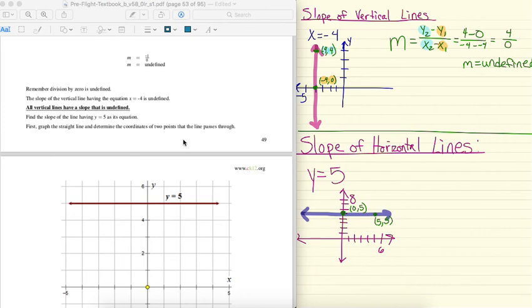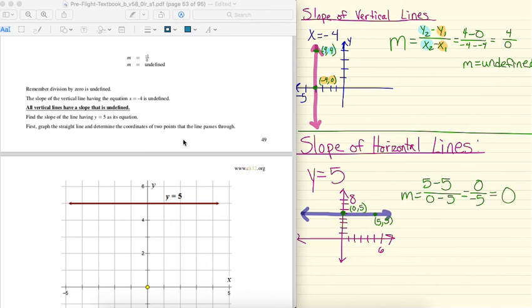I'm going to make 0, 5 my first point and 5, 5 my second point. So calculating my slope, subtracting my two y values, 5 minus 5, divided by the difference in my two x values, 0 minus 5, I end up with 0 over negative 5. Well, 0 divided by negative 5 really is just 0.